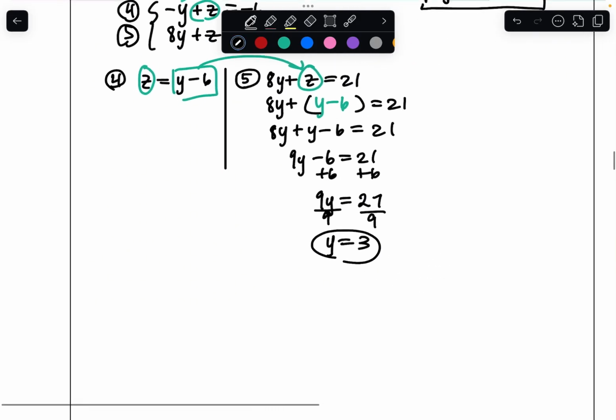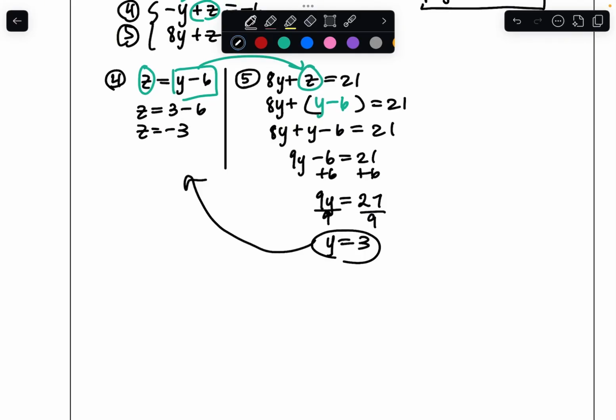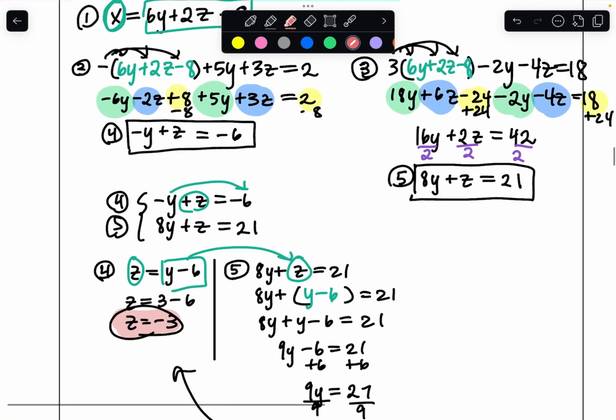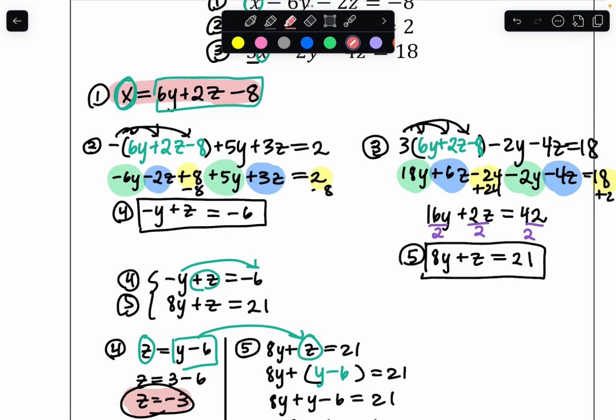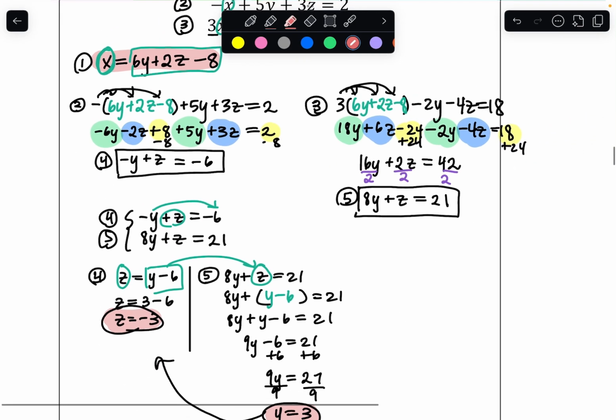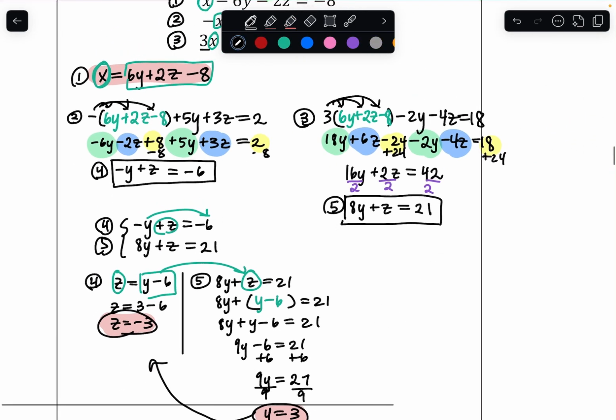Okay, so we have y. Go back to equation 4 to get what z is. So if y equals 3, z is 3 minus 6. Z equals negative 3. Okay, and so you are going to take your y and your z, go all the way back to the very beginning where you solved for x, and you are going to substitute those values.